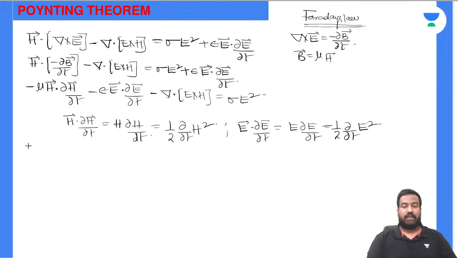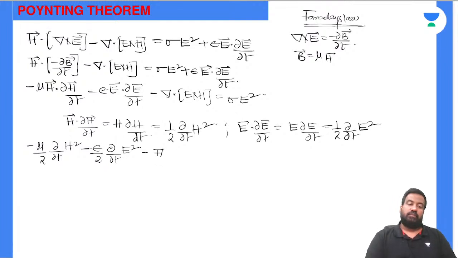Substituting, this is minus mu by 2 dou by dou T of H square minus epsilon by 2 dou by dou T of E square minus del dot E cross H is equal to sigma E square.